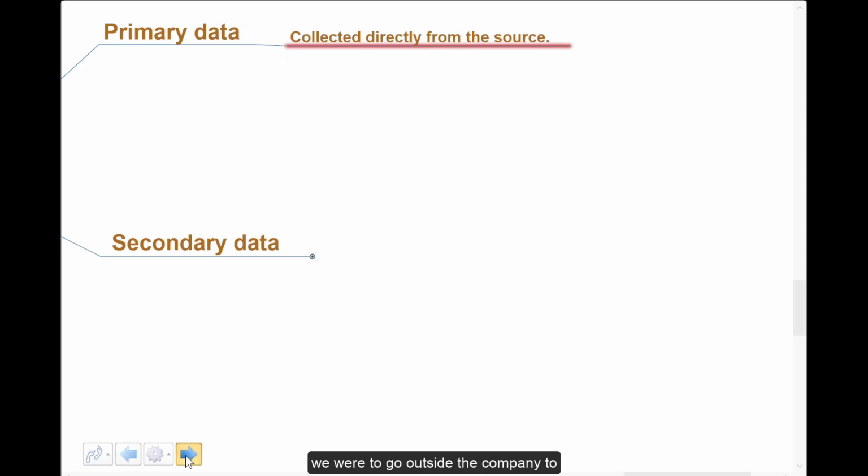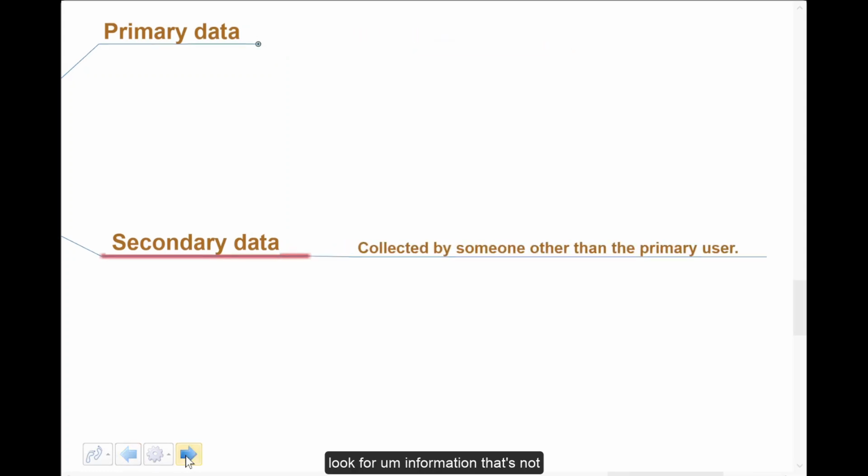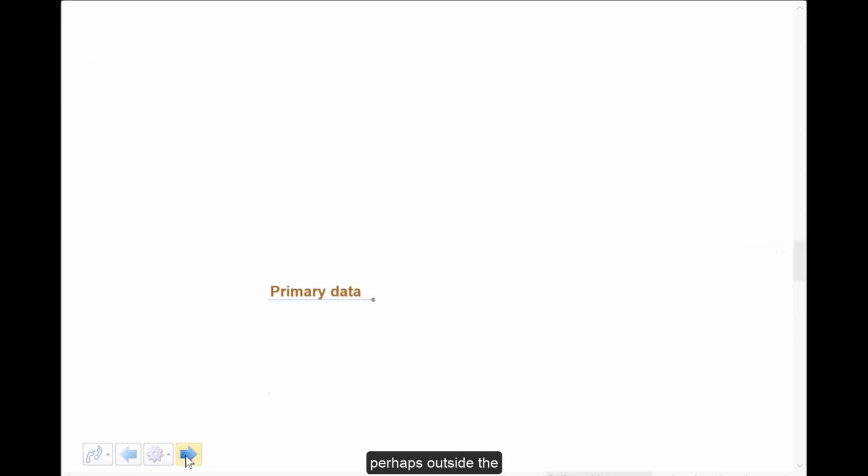Let's say if we were to go outside the company to look for information that's not internal, perhaps in relation to a competitor, perhaps in relation to industry statistics, etc. That's collected by someone other than the primary user, i.e. us. So broadly speaking, you might think of primary data in one way as internal data, although it doesn't have to be, and secondary, information or data that's been collected elsewhere that you look for perhaps outside the organization.